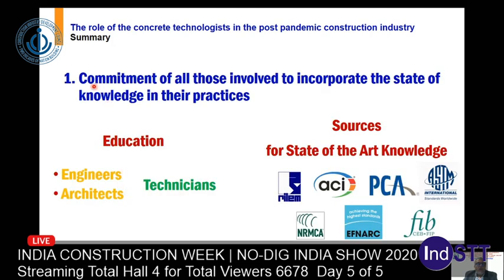And we need the commitment of all those involved to incorporate state-of-the-art knowledge in their practices. So education of engineers, of architects, of technicians. And we are very lucky because we actually have a lot of sources that can give us, in real time, very fast, state-of-the-art knowledge about concrete, like the one cited here in the lower right corner.